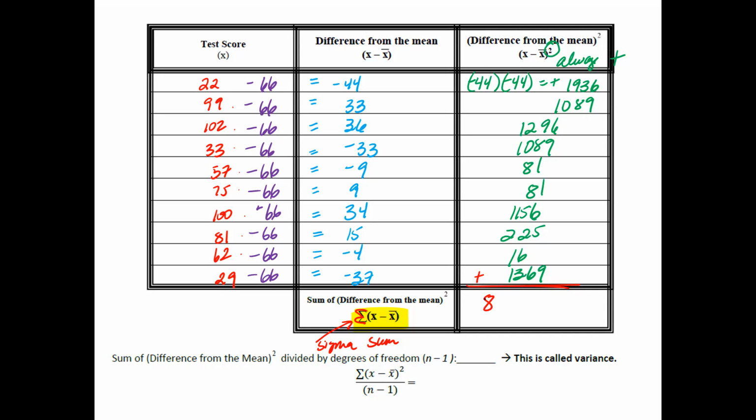Altogether, I get 8,338. That's the sum, okay? But I also need to divide it by the number of students, which is 10. So that's going to give me the variance of 833.8.